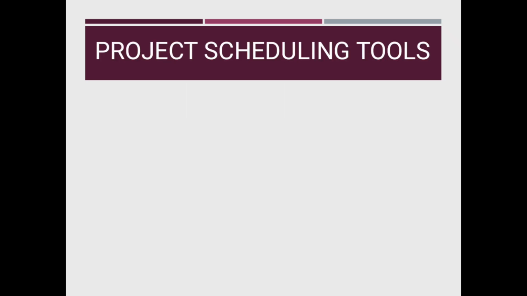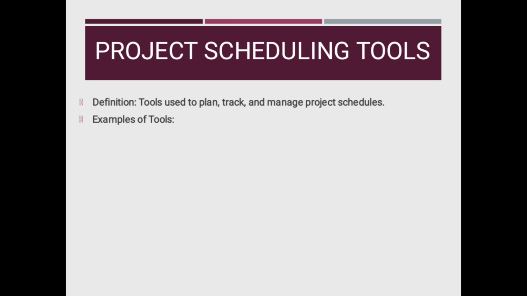Okay, let's talk about project scheduling tools. If we're talking about scheduling tools, we need to understand that these are tools used in planning, tracking, and managing project schedules. So we are going to look at the following tools.